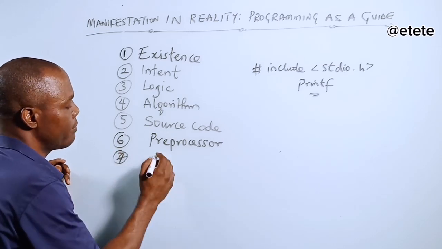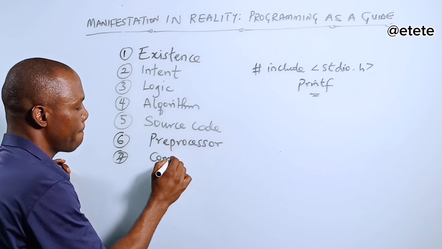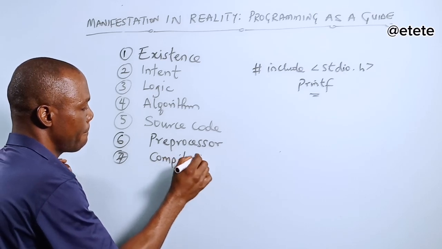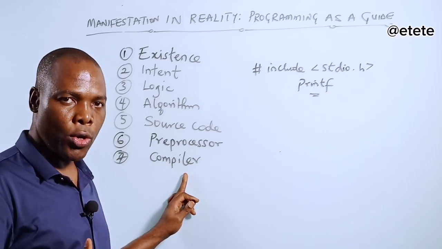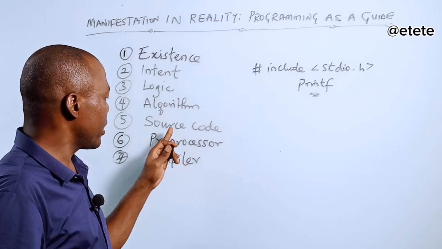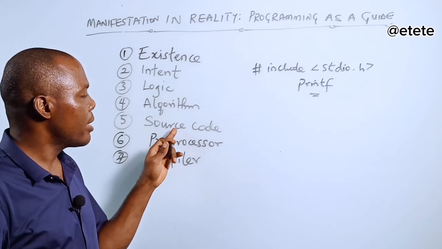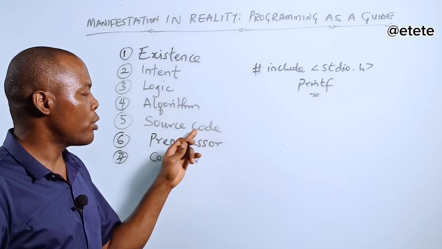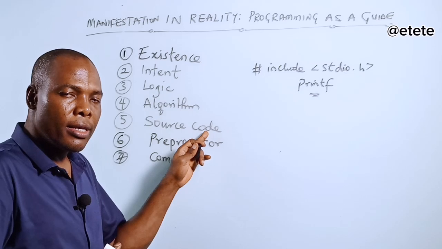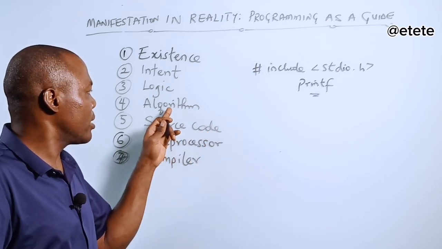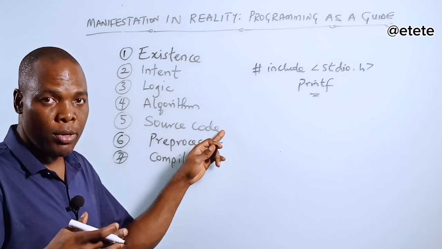Seven, we have the compiler, right? Now, this compiler is like the translator. So now I'm going to write a program. This source code is implementing this algorithm and logic using a programming language.